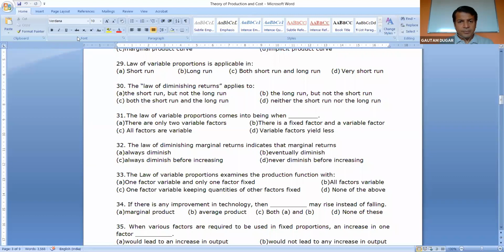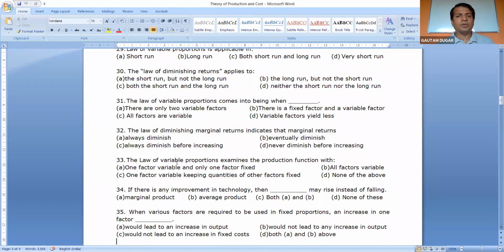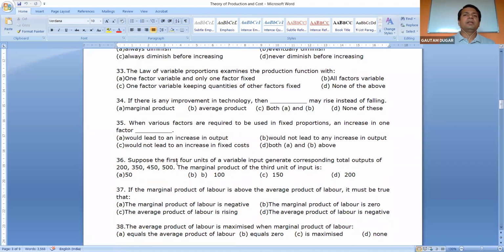Thirty-three, the law of variable proportion examines the production function with one factor variable keeping quantities of other factors fixed. Yes, Tanisha, that's right.